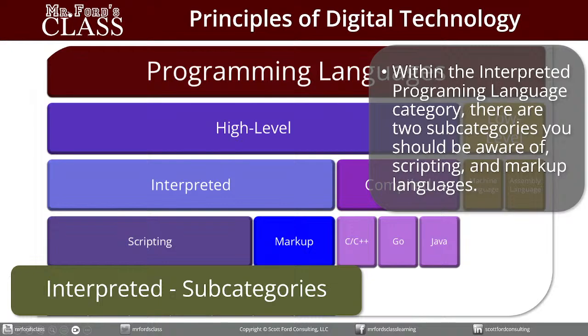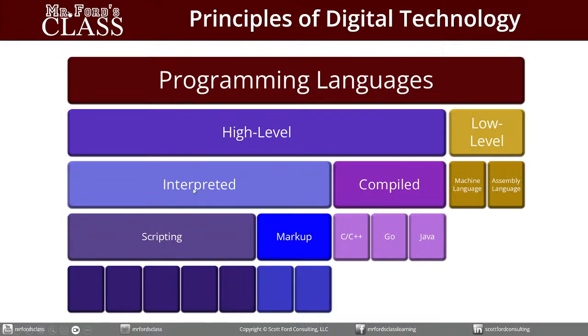Within interpreted, we also have subcategories, which is why you didn't see anything there. Within the interpreted programming language category, there are two subcategories you should be aware of, called scripting and markup language. Here's our table so far. In interpreted, we have scripting and markup.